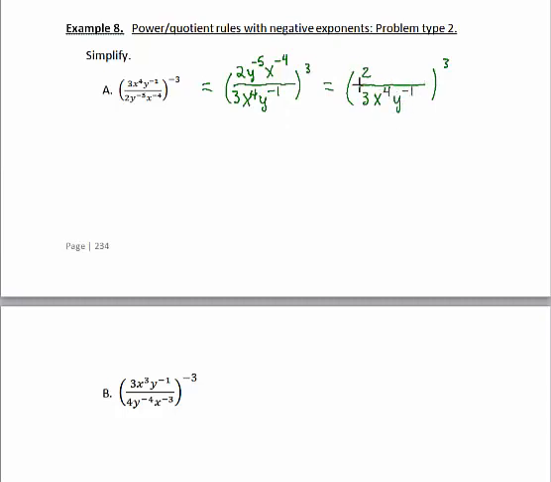So we'll keep both of them on the bottom, and if we keep the x and y on the bottom, that means we subtract the other exponents from their exponents. So 4 on the bottom minus the -4 from the top.